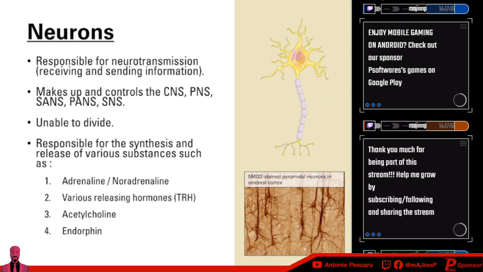And as you can see, this is what a drawing of a neuron basically looks like. It looks like a weird tree of life, if I can put it that way. It's like a weird alien with legs, if I can put it that way.